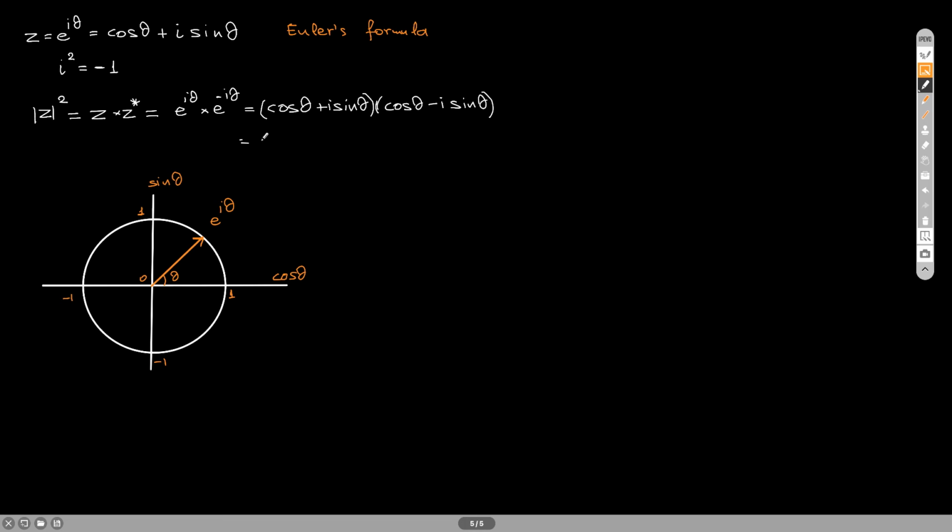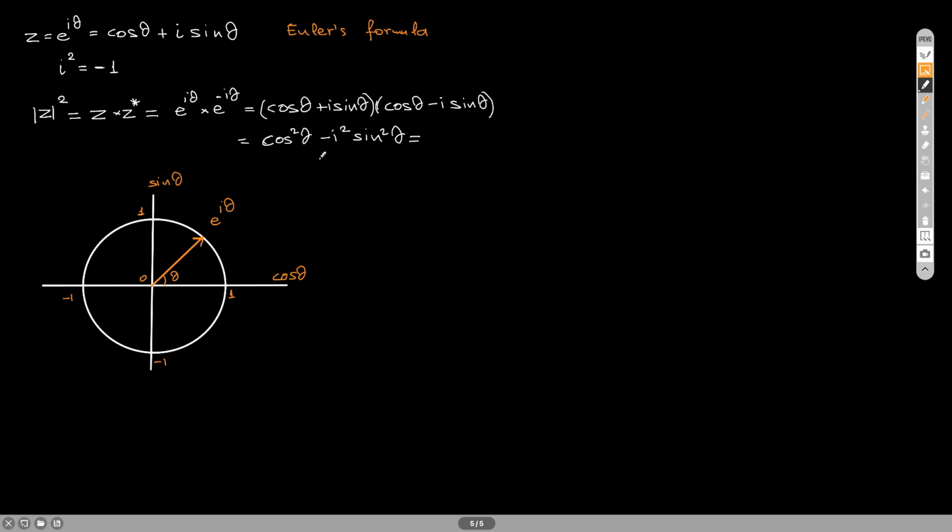Now this will give you cosine squared minus i squared sine squared theta, and then I also have minus i cosine theta sine theta plus i cosine theta sine theta, which cancels out.